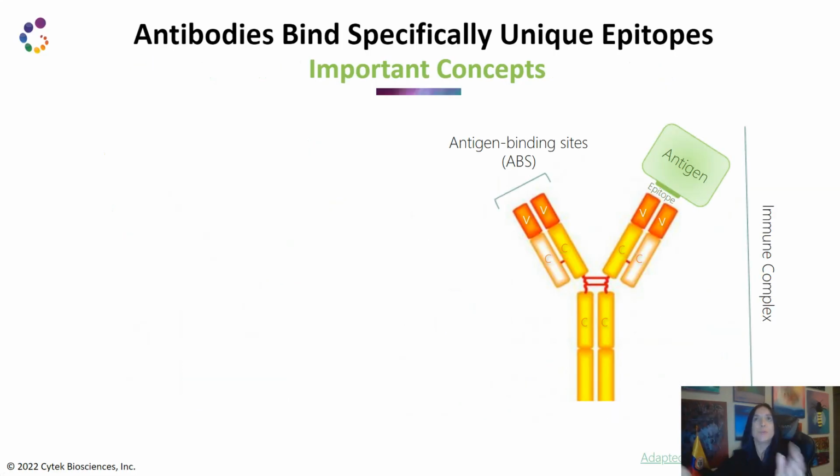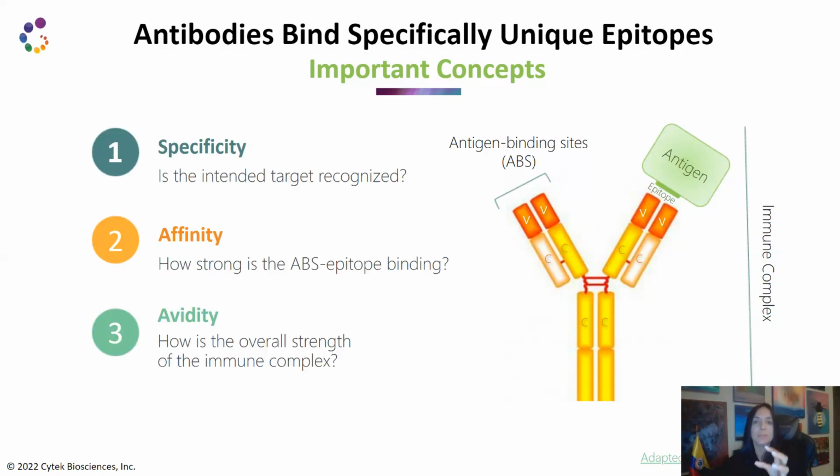Let's first review some important concepts before we dive into titration. This is the binding of an antibody and an antigen. That's what we call an immune complex. So for the immune complex, important things are the specificity. We want an antibody to bind specifically the unique epitope in the antigen. In terms of affinity, that's the strength of that binding.